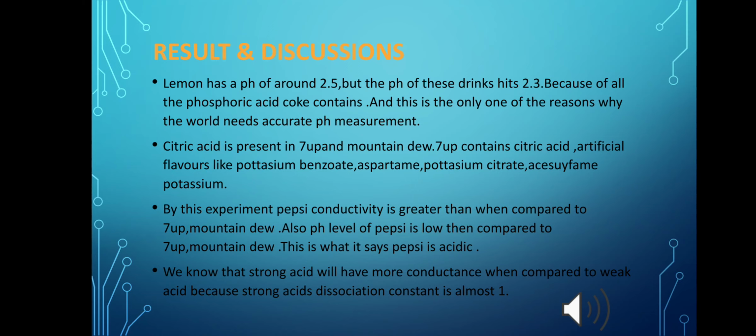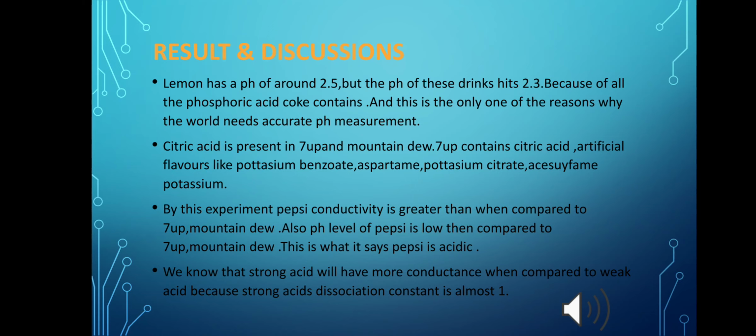In the case of pH metric titrations, the pH of strong acids is very low, around 1 to 3. Pepsi contains phosphoric acid. The pH of phosphoric acid is 2, so it is a strong acid. Strong acids have lesser pH, and for citric acid the pH is 5.